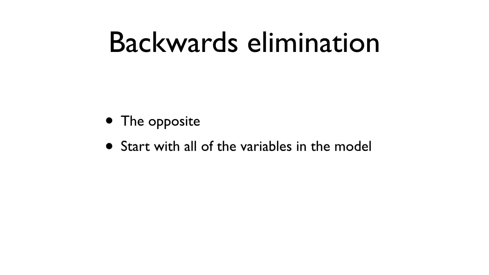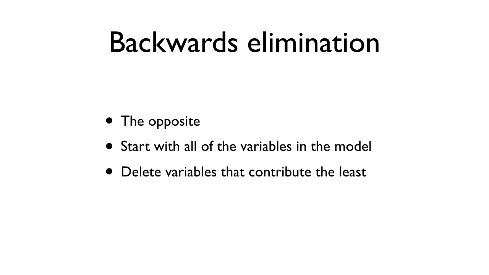You can do it the other way, backwards elimination. Backwards elimination does exactly the opposite thing. It takes all the variables and puts them in at once, and then starts taking them out, the ones that contribute the least explanatory power to Y. So all the variables go in the model, and we delete variables that contribute the least until we get to, oh, we've taken out too much. Let's stop here.